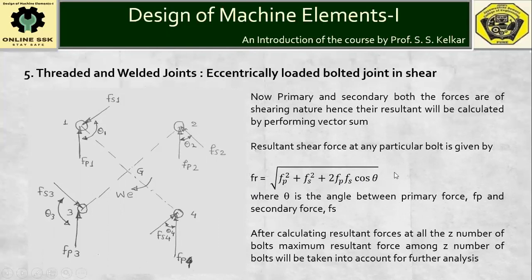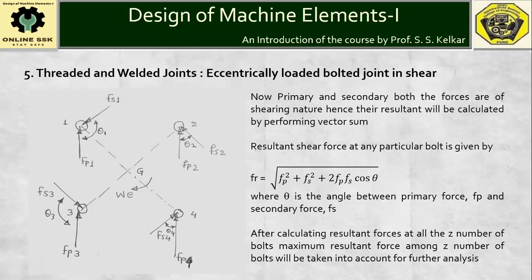This is the relation for vector sum. Force is a vector quantity, and therefore for finding the resultant we have to add them vectorially. Here Fp is the primary force, Fs is the secondary force, and theta is the angle between the primary and the secondary force.